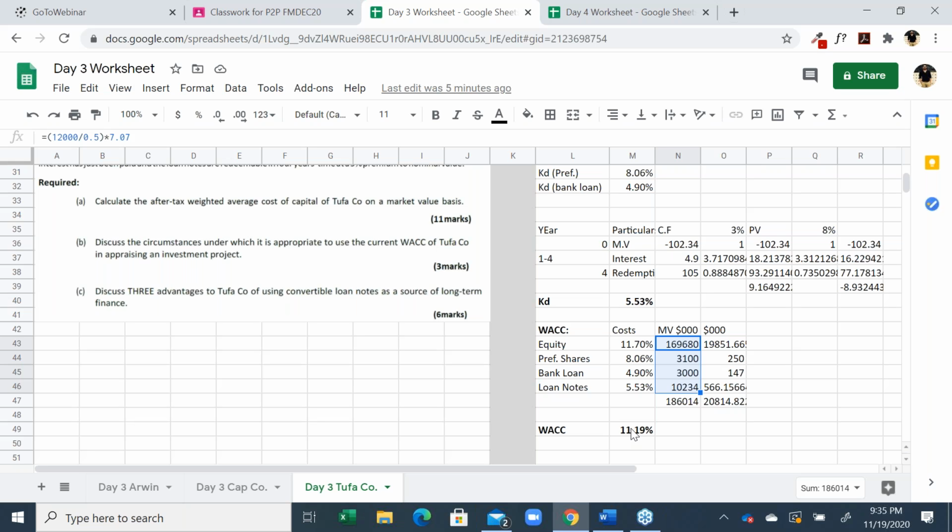Very good. But if I still want to use this WACC, what do I have to assume?